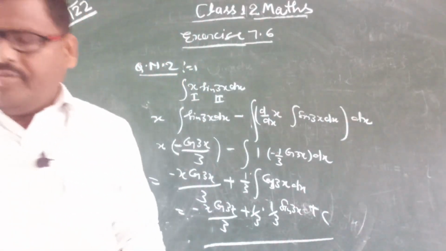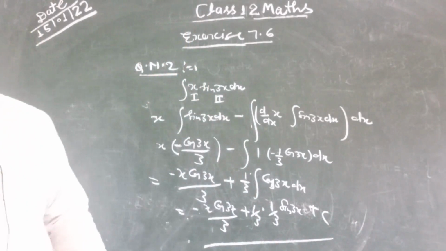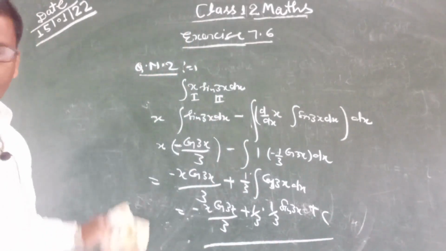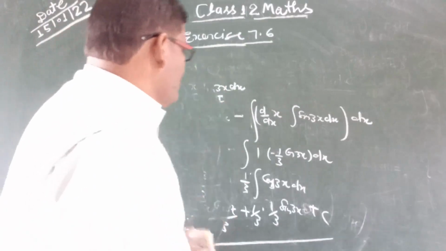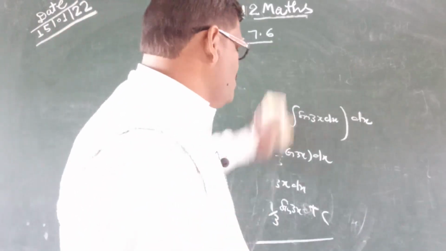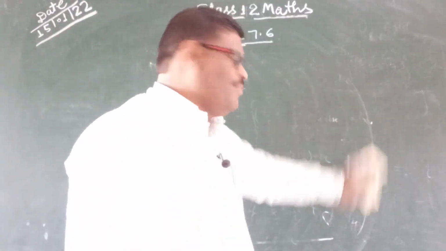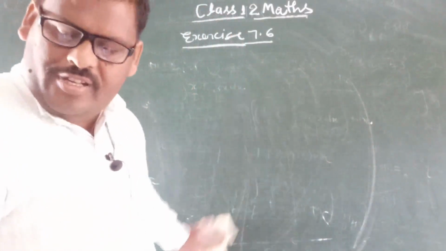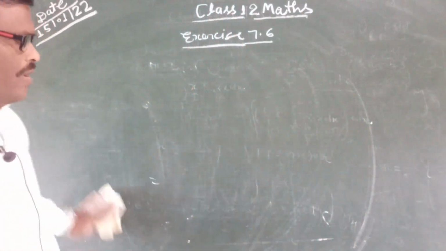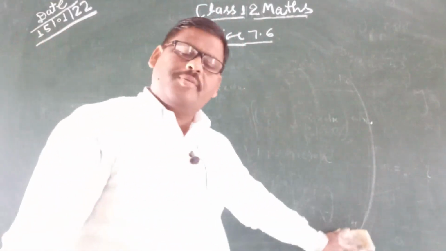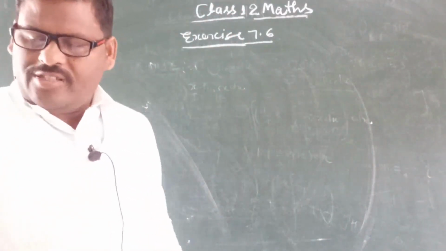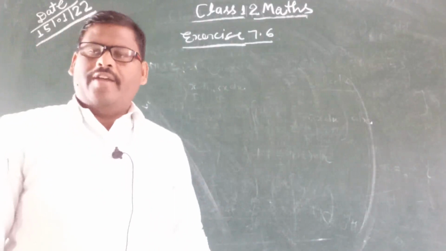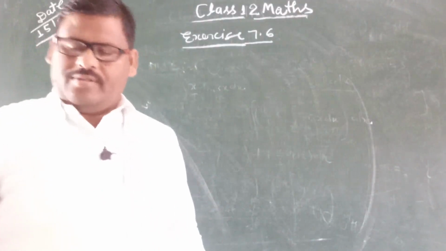Now question number 3: x squared e to the x dx, that is also a product of two functions. x squared is algebraic and e to the x is exponential. According to ILATE, algebraic comes before exponential, therefore x squared may be the first function and e to the x the second function.